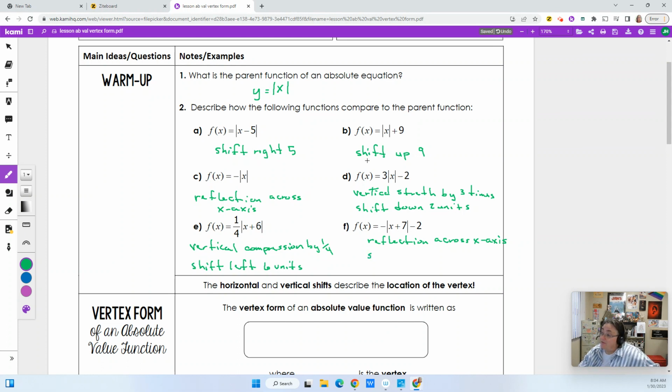So we have that shift left. Remember, a plus inside there means a shift towards the negative direction. And I know that that seems against all logic, but it does work, as we worked out in class last week. Shift left 7 units.